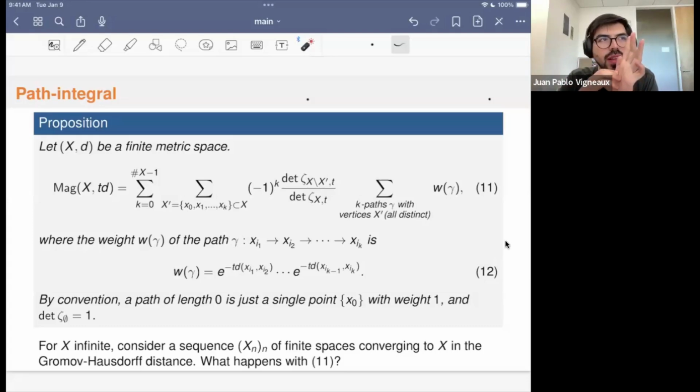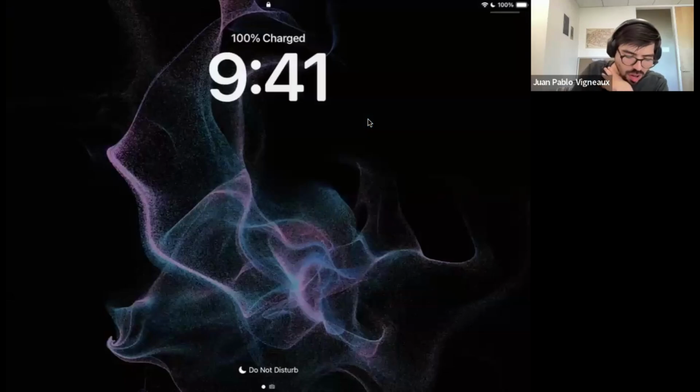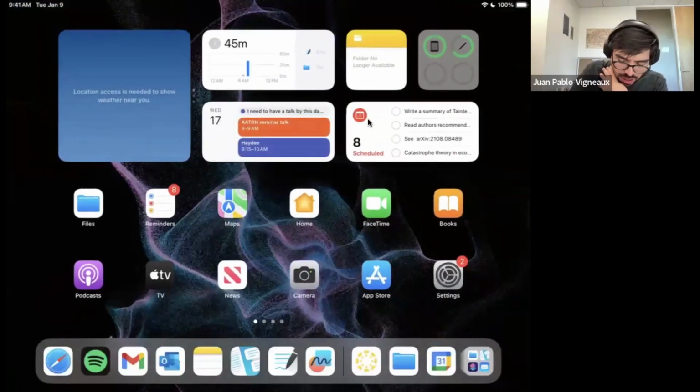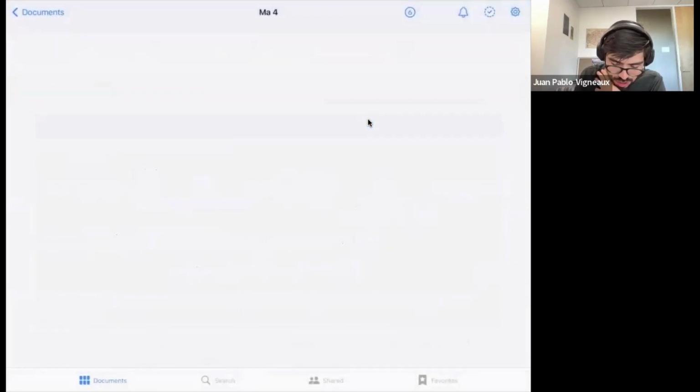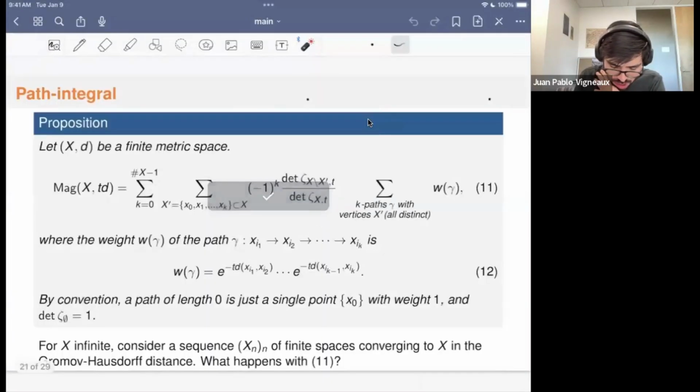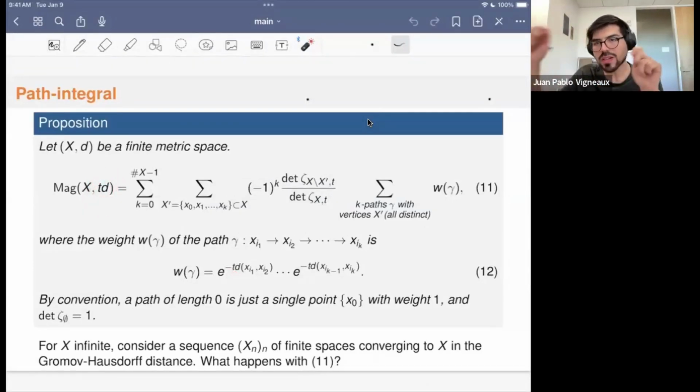Now, the magnitude has a lot of rich connections with geometric invariants. In particular, the magnitude knows a lot about geometry when put together in what's called the magnitude function. Here we are not computing the magnitude only for the distance, but we are allowing ourselves to scale the distance by t. So that's when the weights have a t. This gives a function of t, and this function of t knows a lot about the geometry of X in a very mysterious way.